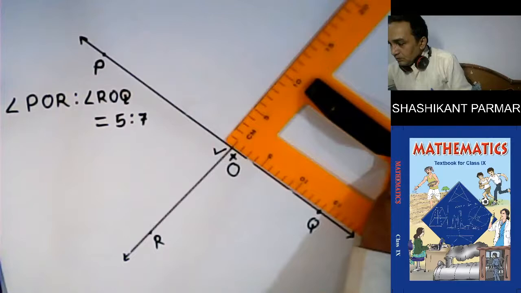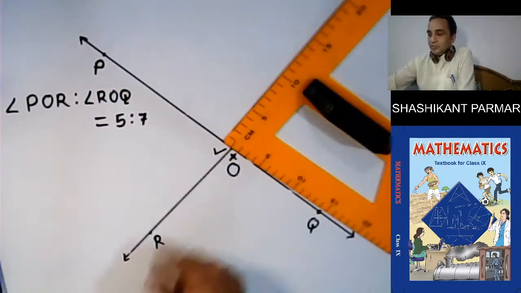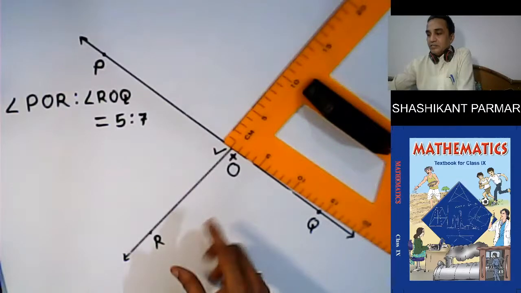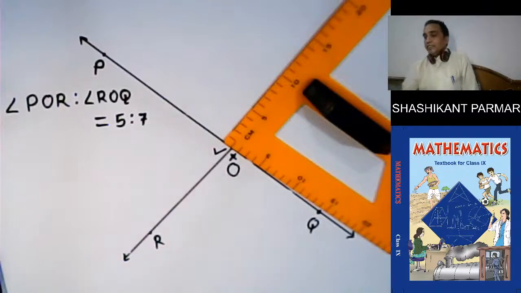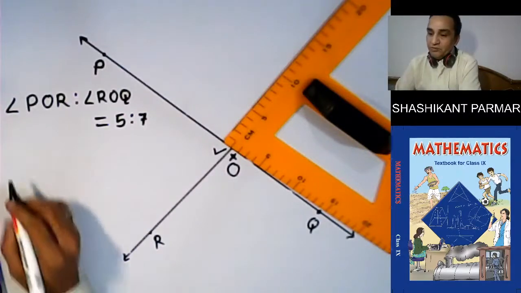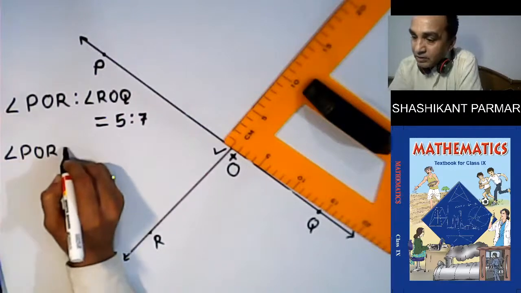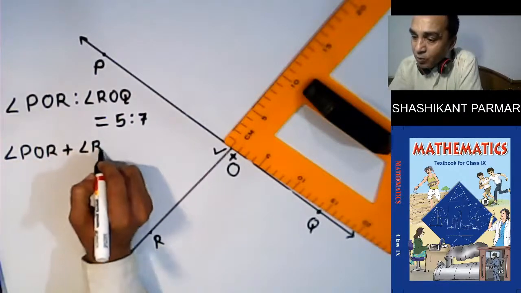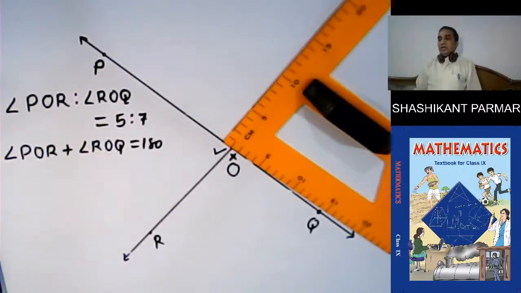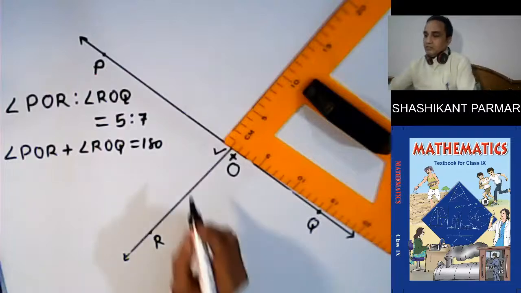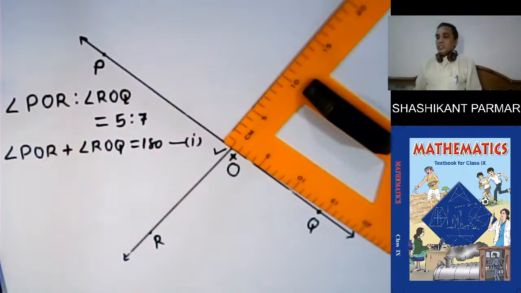See here. This is line PQ and this is ray OR standing on line PQ. That's why these two angles are adjacent angles, and the sum of adjacent angles POR plus ROQ is equal to 180. I think you understand. Remember, this is equation number first.